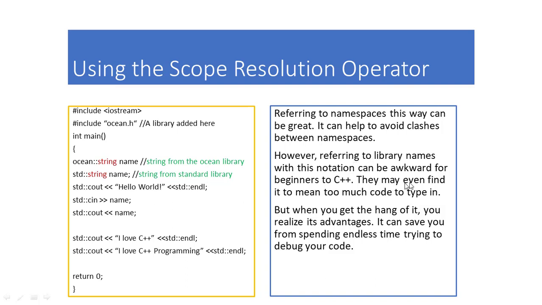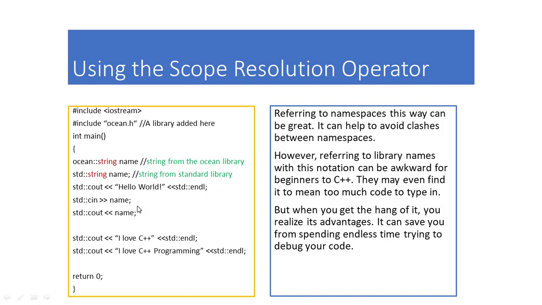That is, if you are a beginner to C++, you may even see this one to be too much code to type in this approach. You may just want to use the using namespace std. However, when you get the hang of it, you realize its advantages.